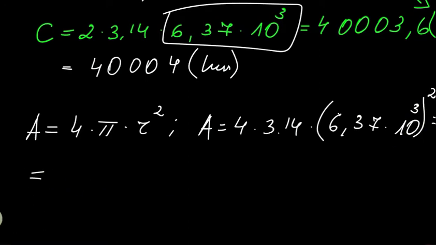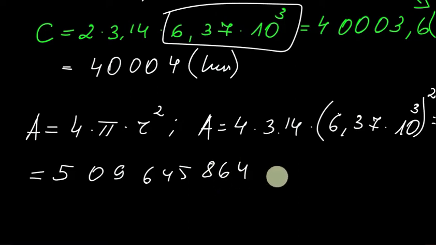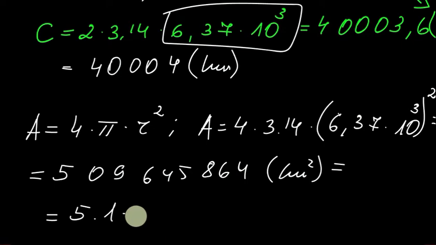Now, once you wrote all this down in a calculator, you would get 509,645,864 square kilometers. And we could round this up, and we would get this is equal to 5.1 times 10 to the 8th power square kilometers.